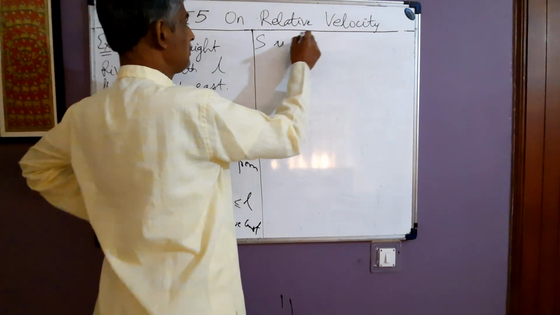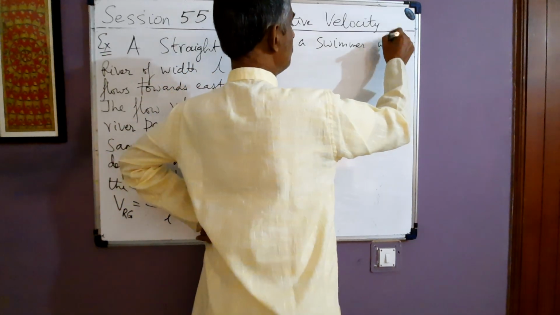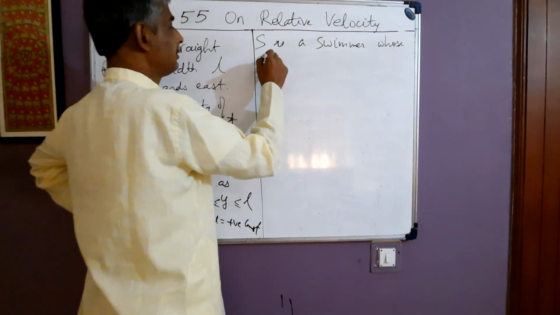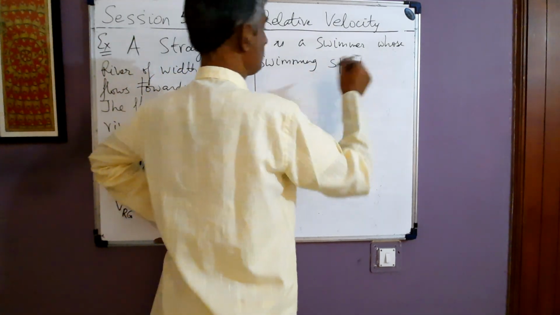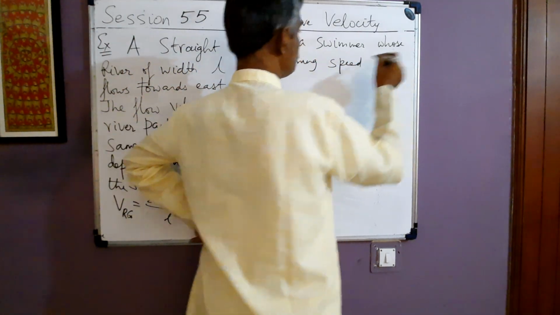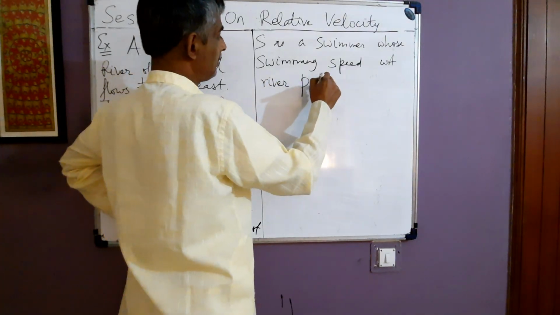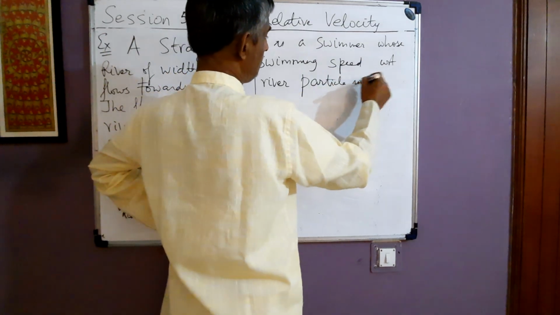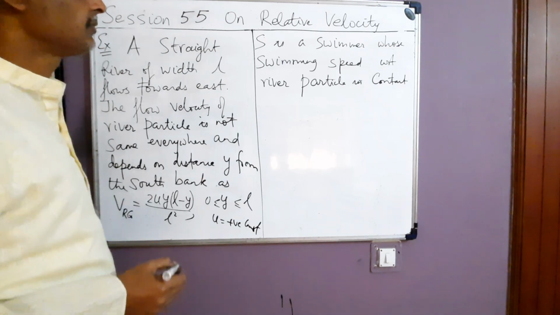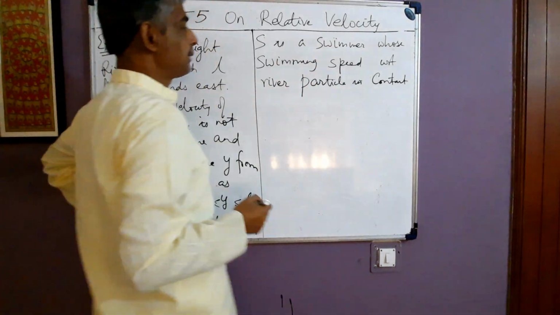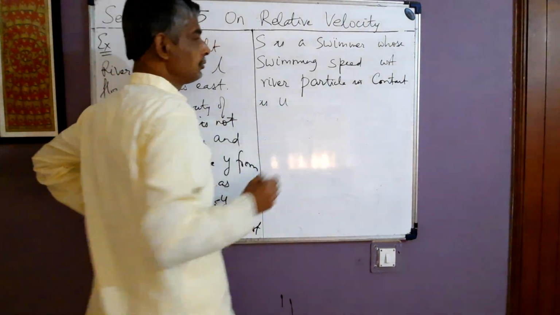S is a swimmer whose swimming speed with respect to the river particle in contact is u.